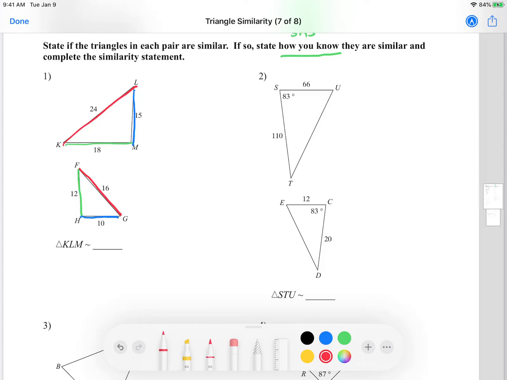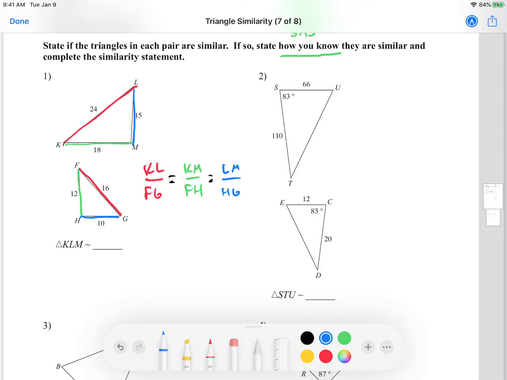That means I need to compare the ratio of KL over FG, which needs to equal the ratio of KM over FH, which needs to equal the ratio between LM over HG. So I need to check and see if those work.